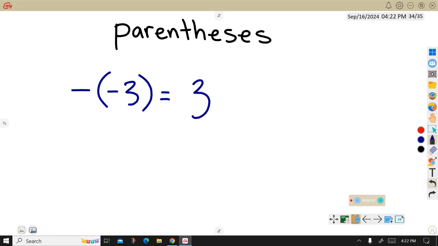So we've got to realize that when we have a negative outside of a parentheses, this is like an invisible -1. And whenever you see a number outside of a parentheses like that, it means to multiply. Okay? So we could write that with some kind of numbers or something like that.